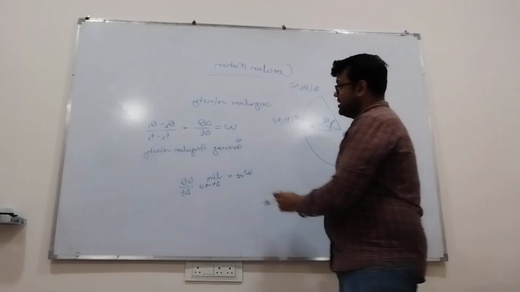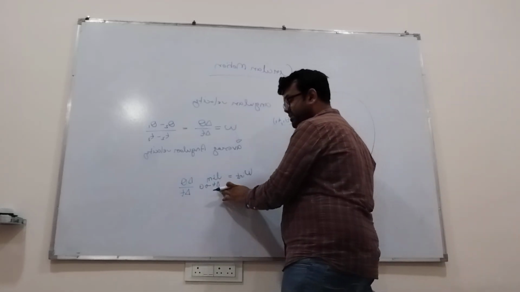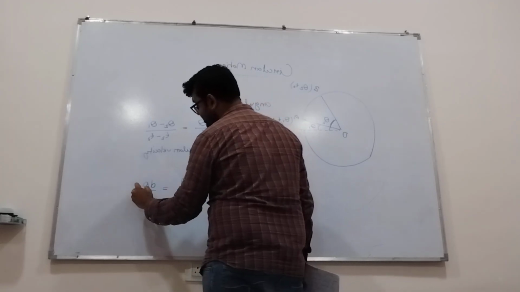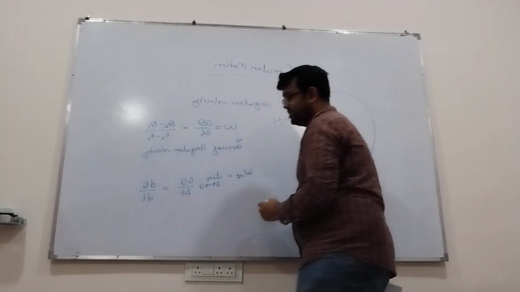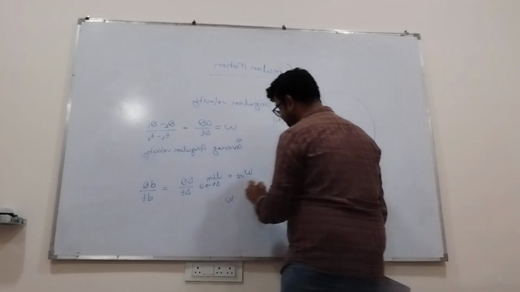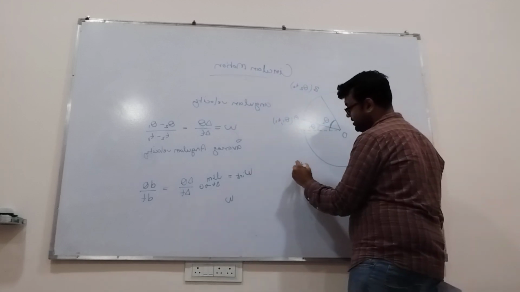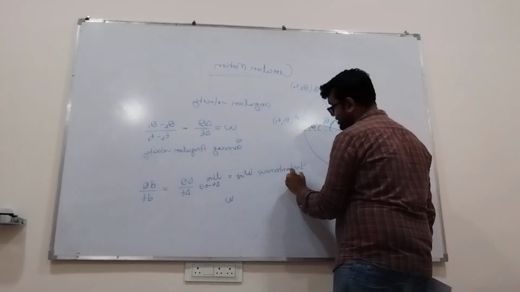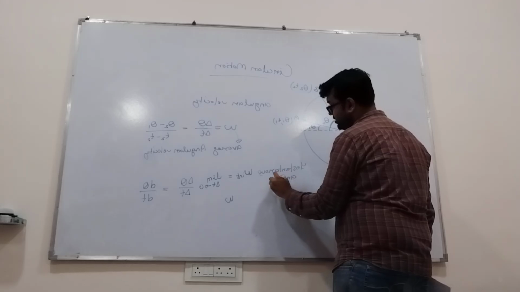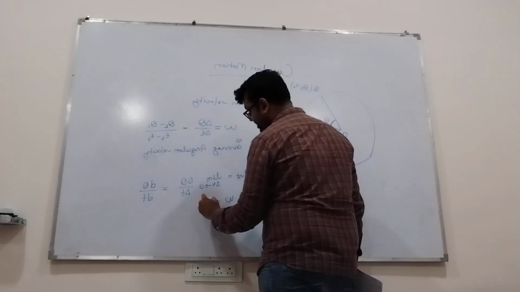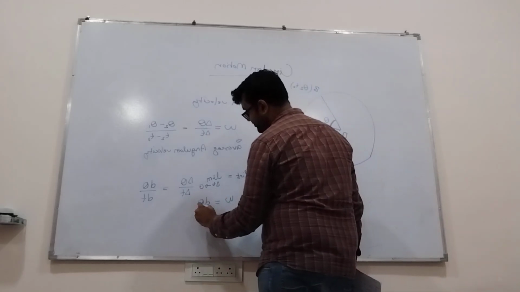So when we put the limit, we can rewrite this as d theta by dt. Okay. So omega, it is what? The instantaneous angular velocity. So instantaneous angular velocity is nothing but d theta by dt.